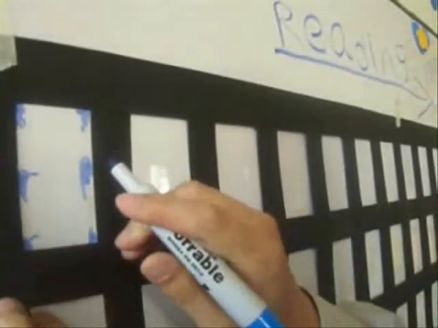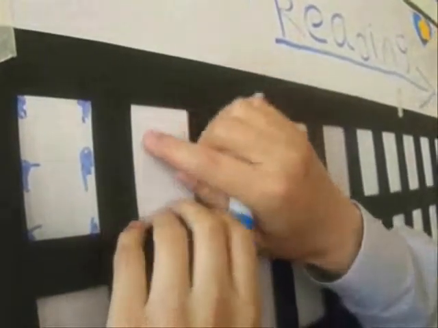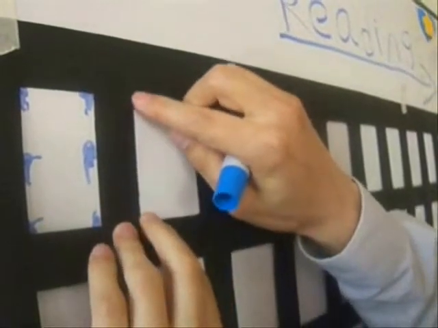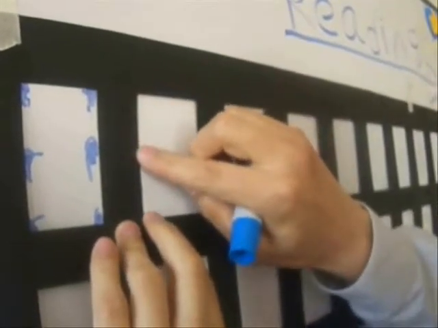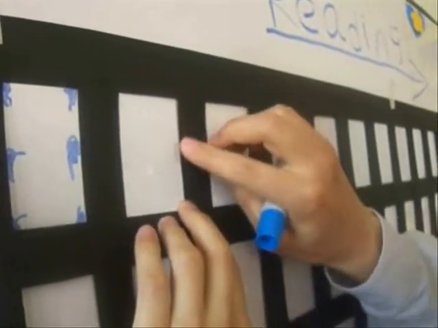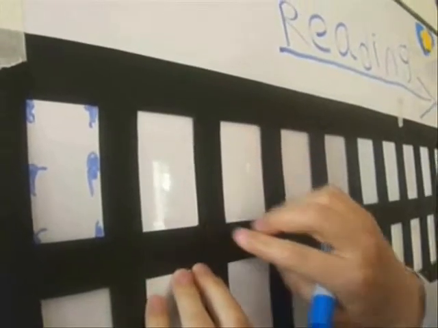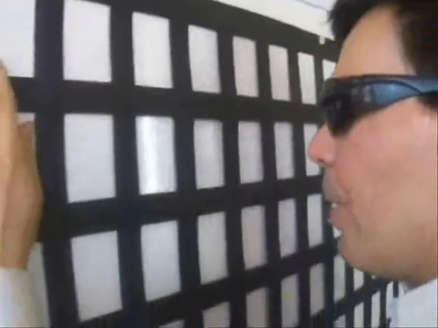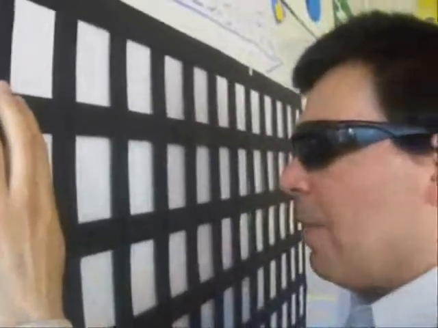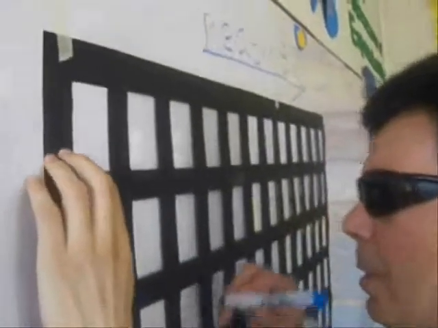Remember, this is when we are reading Braille. We are going to represent the Braille alphabet when you are reading it.